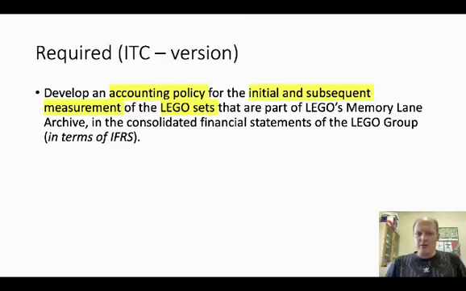What asset standards are you familiar with at this stage of your studies? Probably IAS 2, IAS 16 for property, plant and equipment, your investment property, and perhaps the financial assets to a degree that you've looked at as well. So those could be some of the asset standards that you'd be thinking about. And then you'd now need to decide which of those. So you'd need help with choosing that. And you know what?